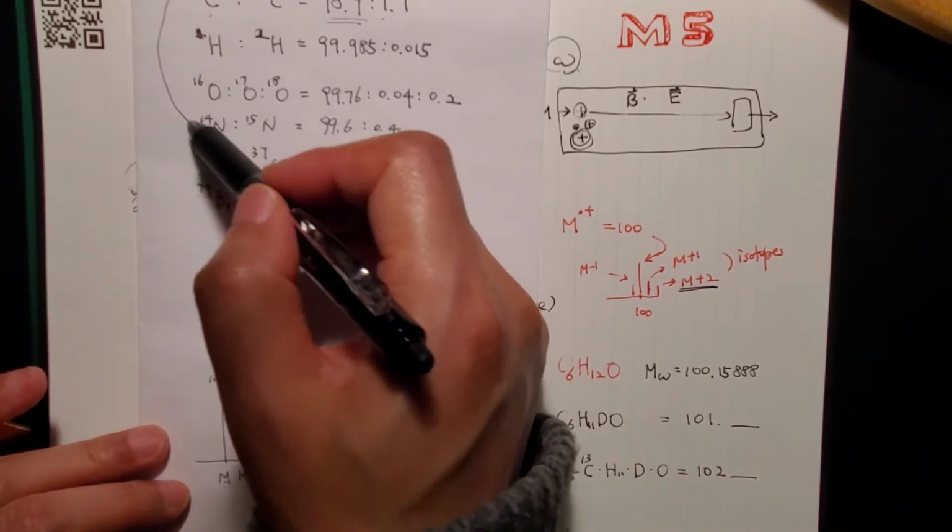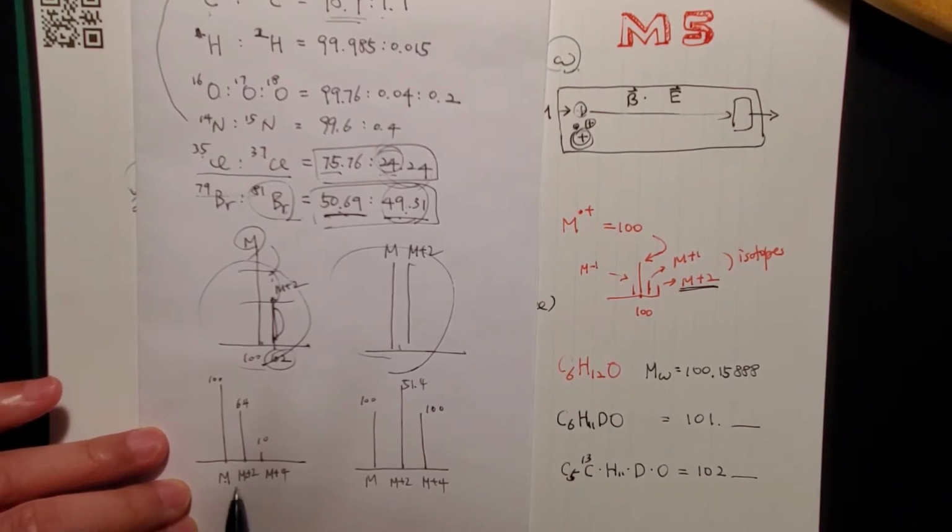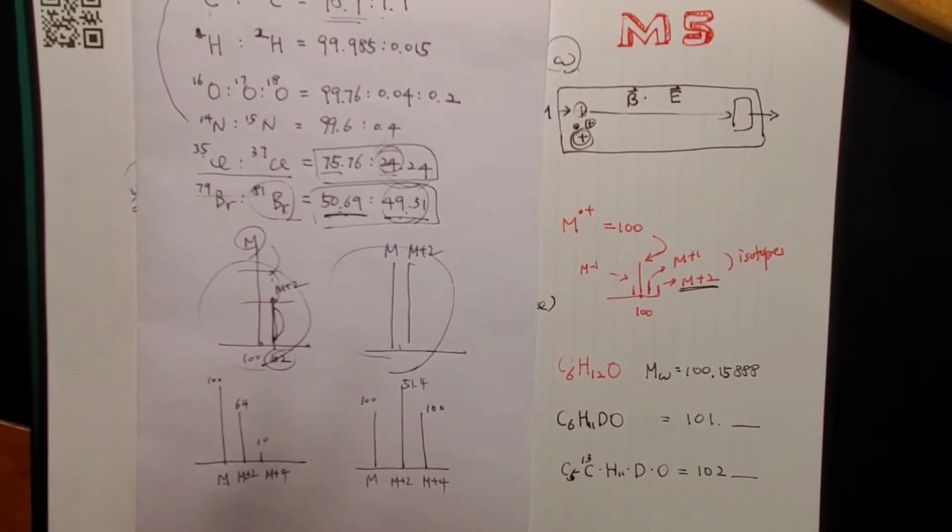Like I said, if you have only these atoms, M+1 is really small, M+2 is very, very small, M+4 will be almost 0, right? You don't see it, but if you see some size, then you know this is the case. You have a chlorine, but not just one, two chlorines.